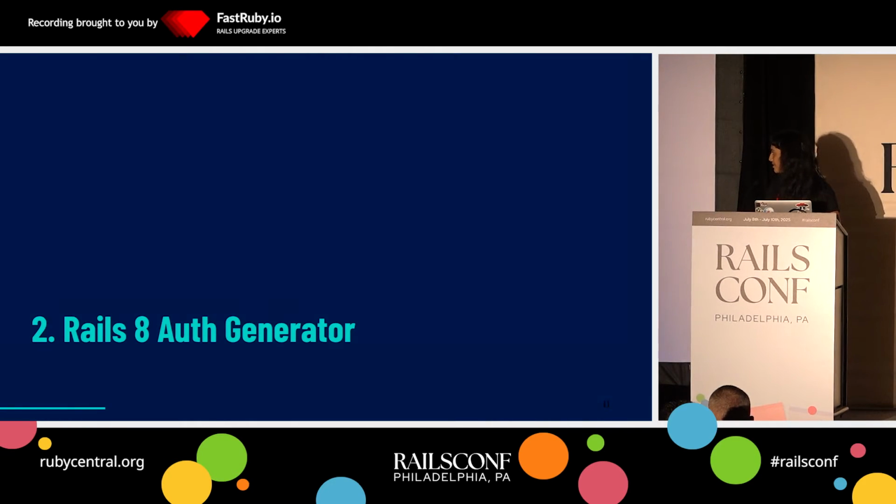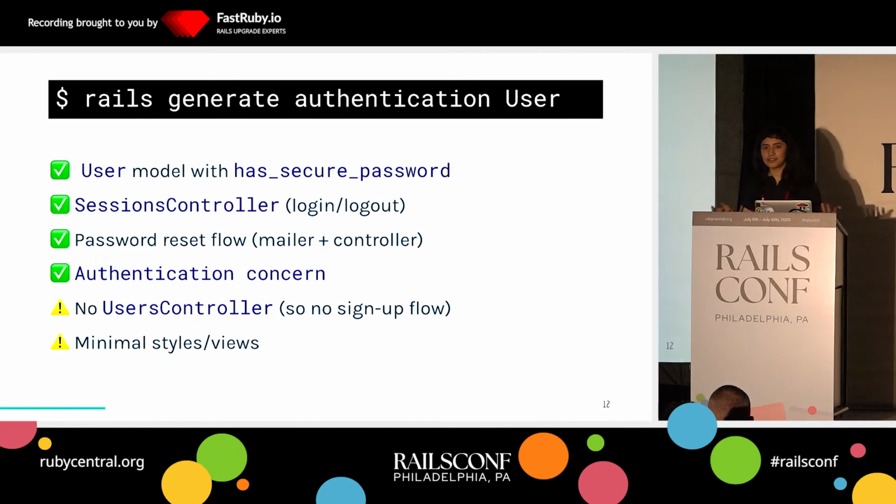Rails 8 authentication generator. As with any other generator, you just type rails generate authentication, and then you name the model, which is commonly user. And this will scaffold a simple yet readable authentication system for this common model. So it will include everything you need to log in and reset a password, but it will assume that you will want to customize and extend this flow.